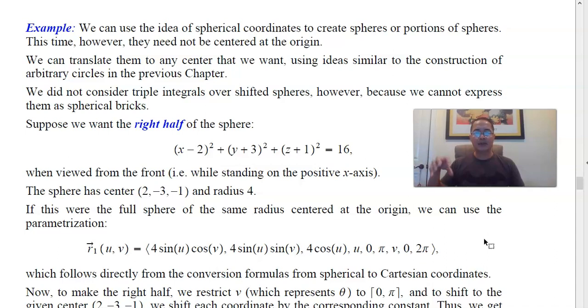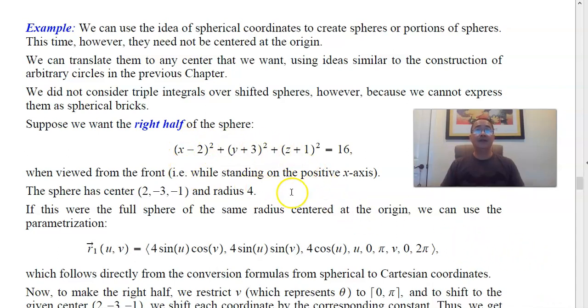Of course we had that special case where the sphere was tangent to the xy plane, but that's the only other case we can consider when we're doing triple integrals. But if we're doing surface integrals, the center can be anywhere.